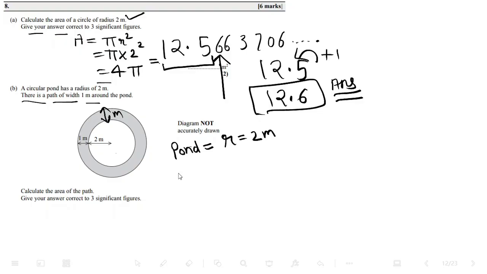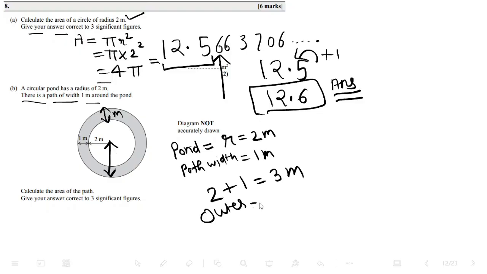So 2 plus 1 is equal to 3. This is the radius for the outer circle. For the outer radius, we can take capital R and small r for the inner. So R is 3 meters.